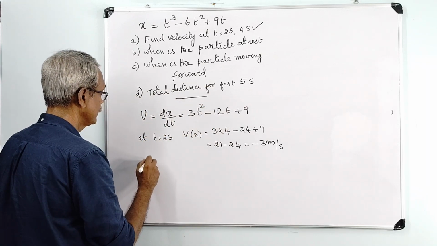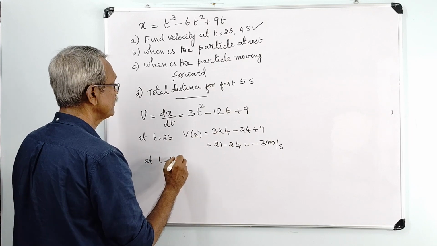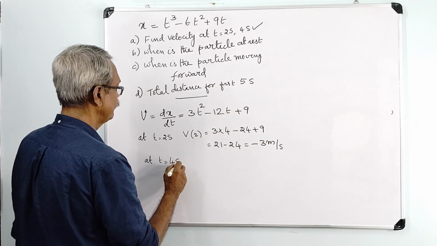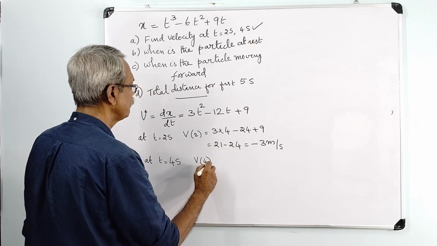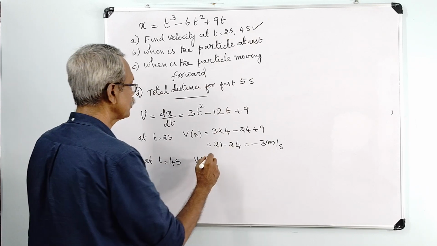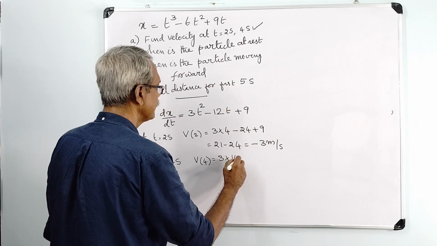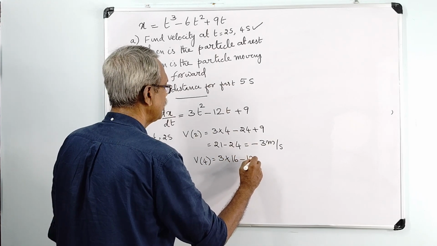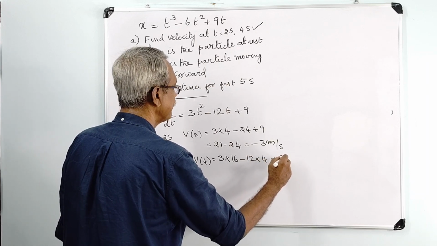At t = 4 seconds, v4 is equal to 3 multiplied by 16 minus 12 multiplied by 4 plus 9.